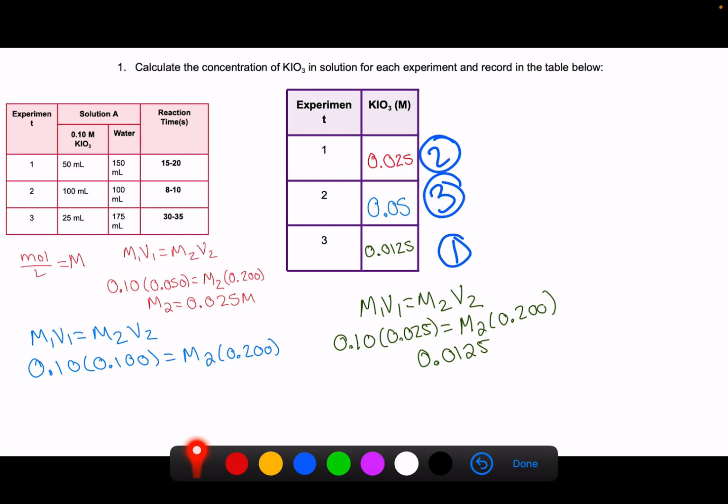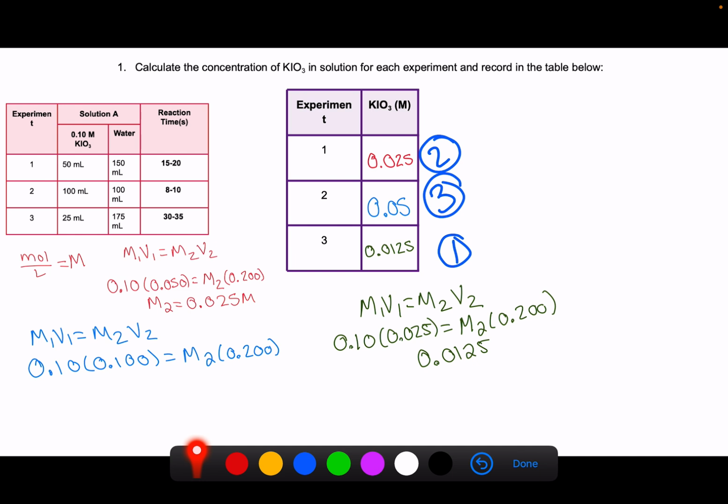And what we should notice is if we look at our times, when my concentration is low, it takes me longer to get to the change. When my concentration is higher, it's much quicker. So as the concentration of the KIO3 increased, the reaction time decreased. All right, it's the reaction time.